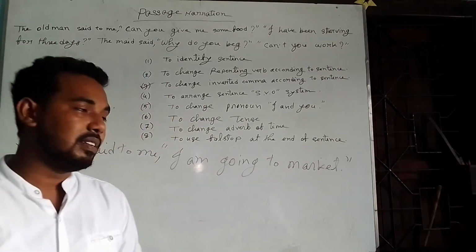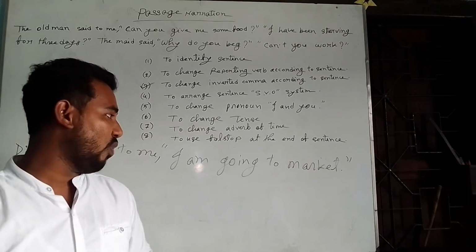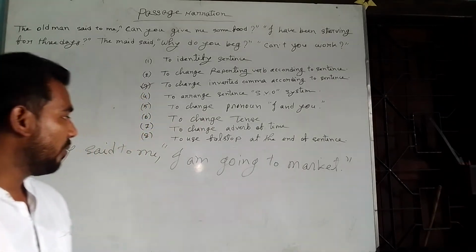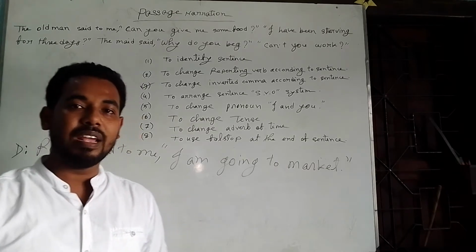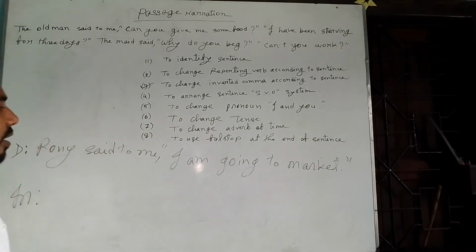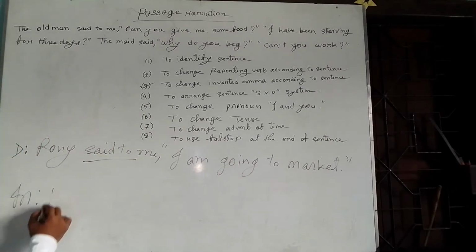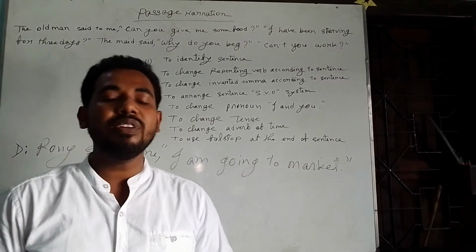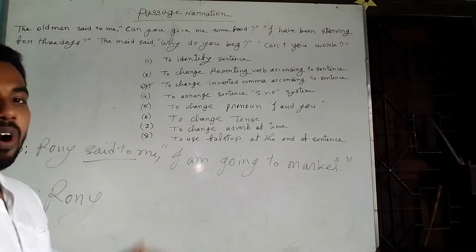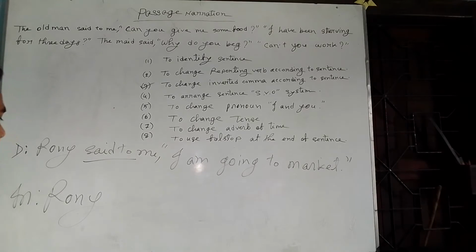So we can understand that this is assertive sentence because I have given you the rules to identify sentence. So we have been able to identify assertive sentence. So then we change other options. As this sentence is assertive, we have to change reporting part. Dear student, if the sentence is assertive, no need to change say to. Or you can also change say to. Instead of say to, you can write here tell.